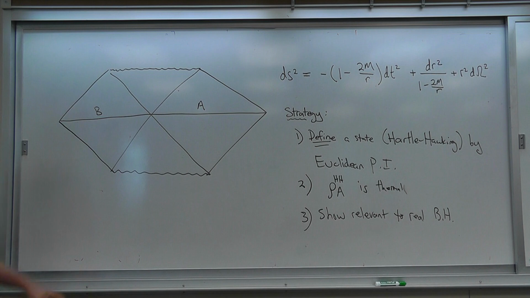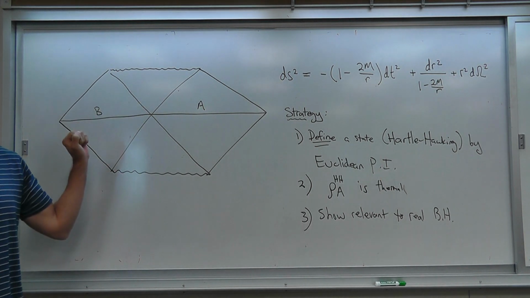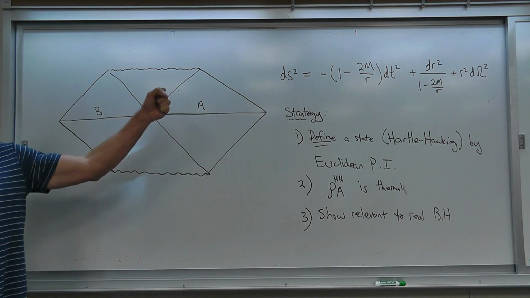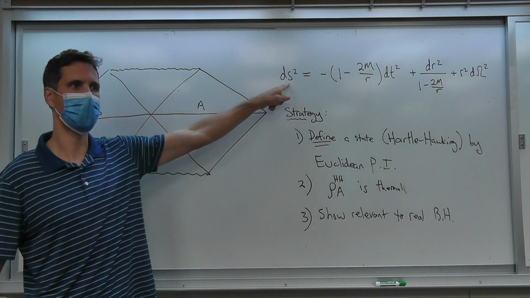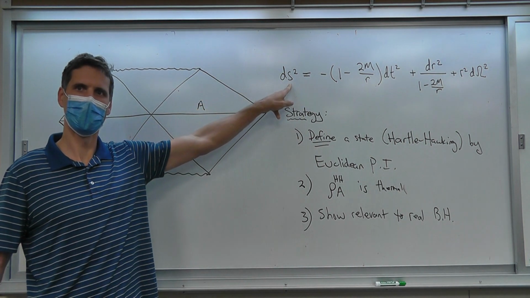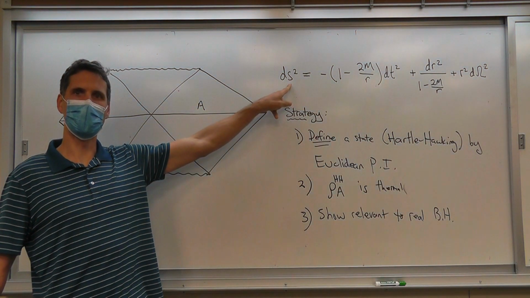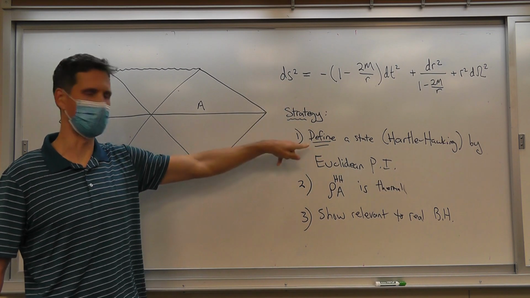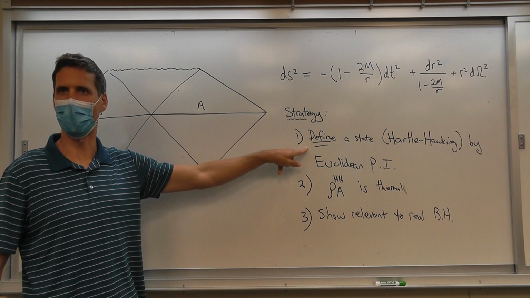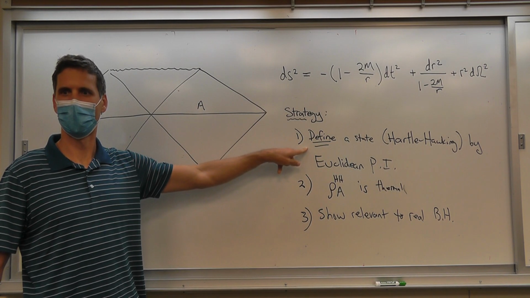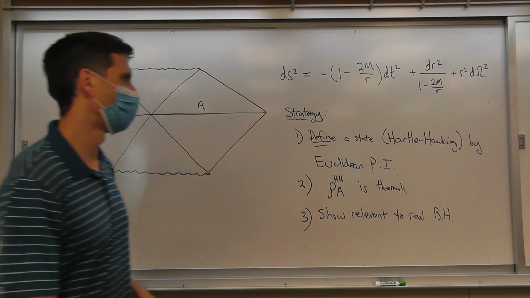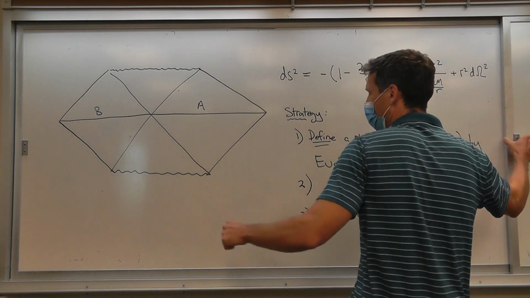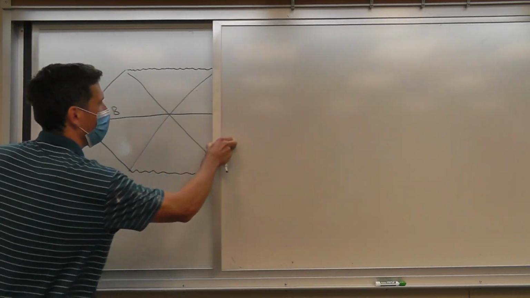Yeah, so we're going to analytically continue this metric here to get the Euclidean black hole, and we're going to do the path integral on the Euclidean black hole. That's going to be our definition of the Hartle-Hawking state. Okay, so let me start by describing this Euclidean black hole.